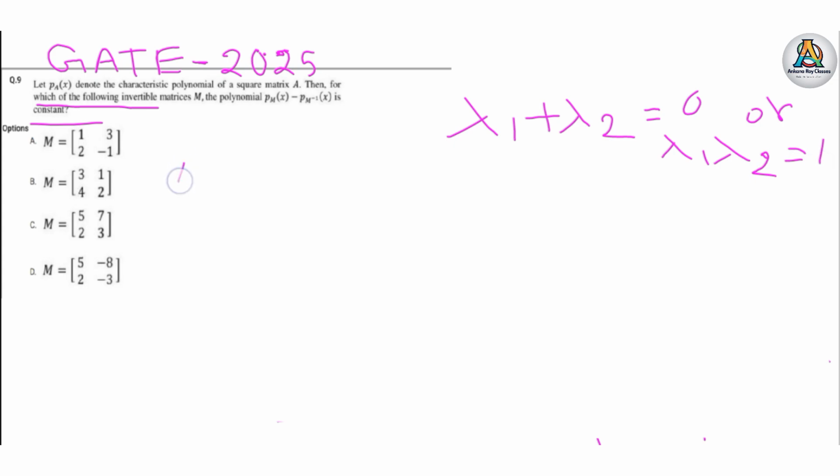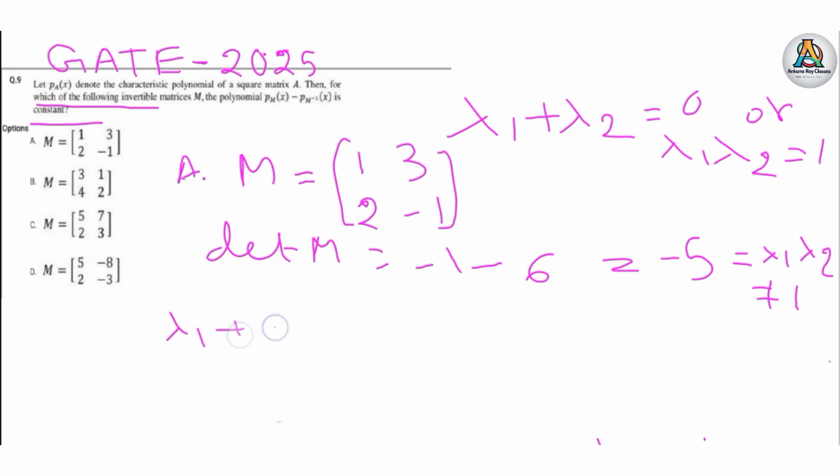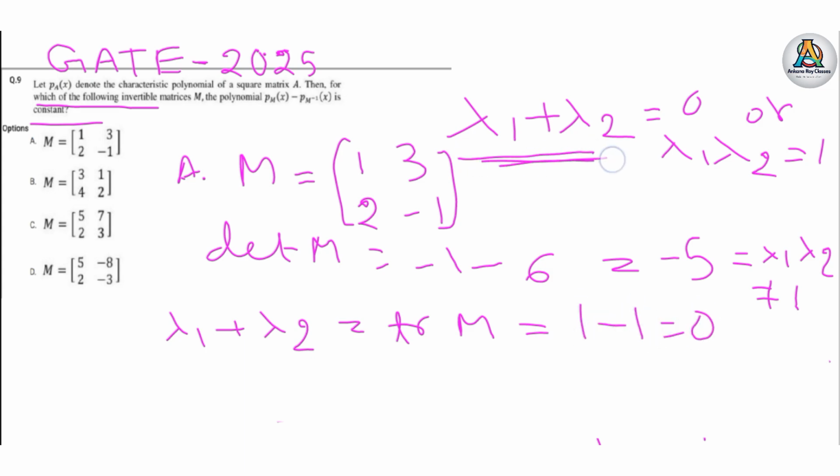Here in option A, M is equal to [1, 3; 2, minus 1]. Now determinant of M is equal to minus 1 minus 6, which is minus 5. This is lambda 1 lambda 2, and it is not equal to 1. Now we have to find lambda 1 plus lambda 2, which is equal to the trace of M, that is 1 minus 1, which is equal to 0. So one condition is satisfied. Therefore, for this M, P_M(x) minus P_M inverse(x) is constant.